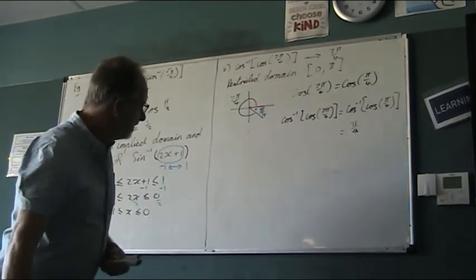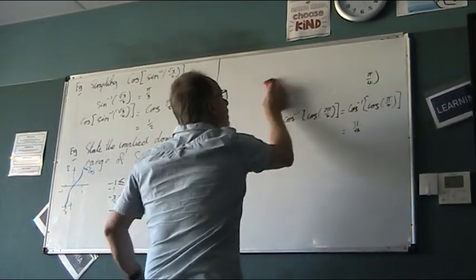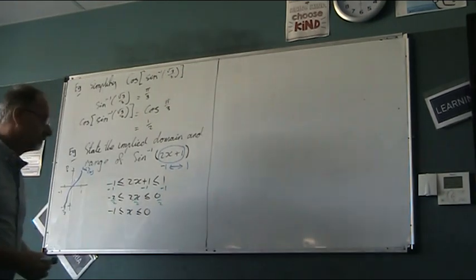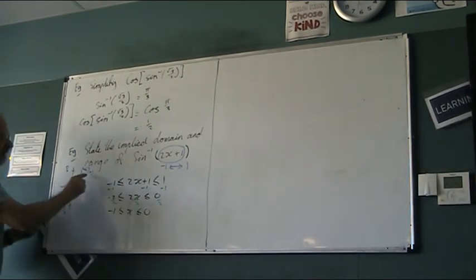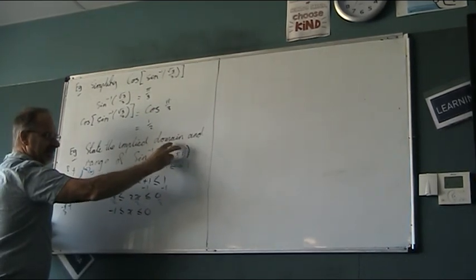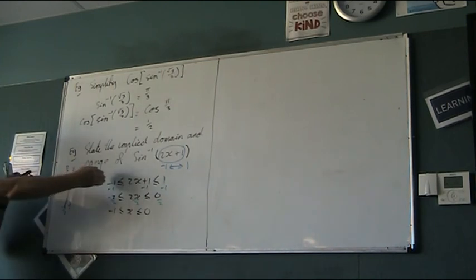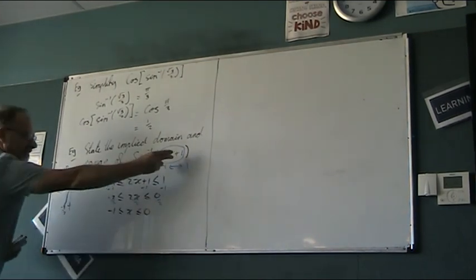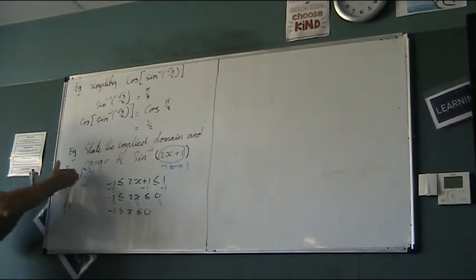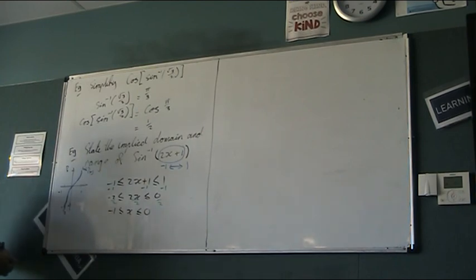All right, and the range is actually pretty straightforward. So rather than sine minus 1 of x, what does this stuff here do? It's a dilation, and then a translation. What does that do this way? Nothing.